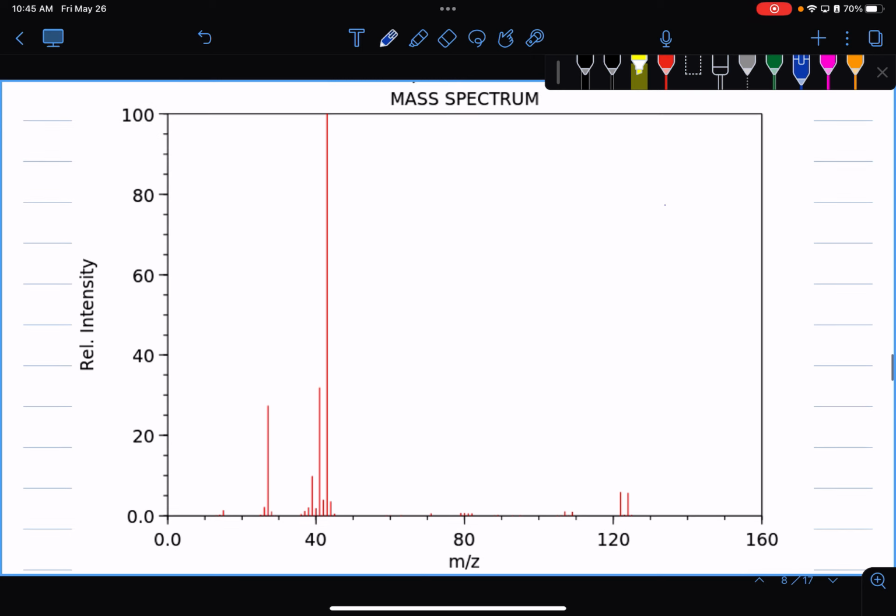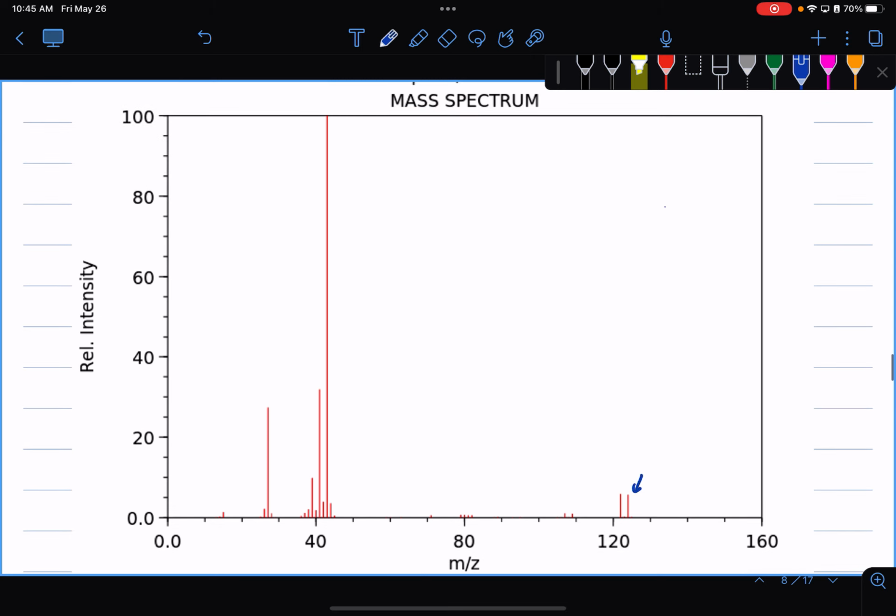And what we can get, looking at this diagram, is that's our 124, that's my bromine 81, and the 122, that's my bromine 79.